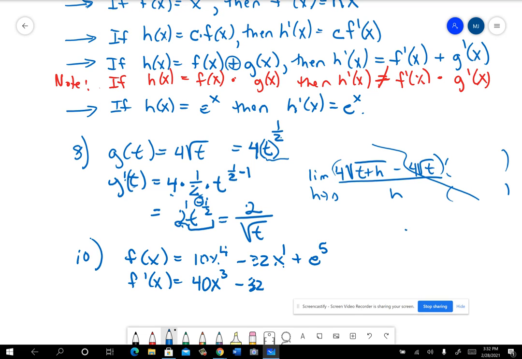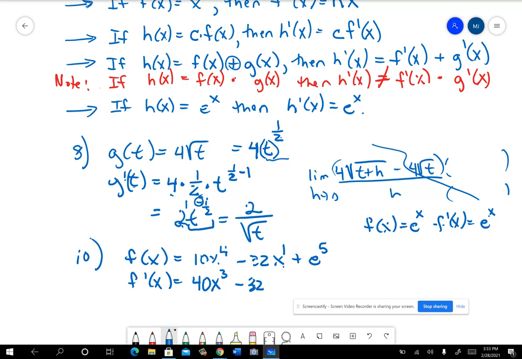Okay, let me say what I'm trying to say again. If your function were e to the x, then the derivative would still be e to the x.